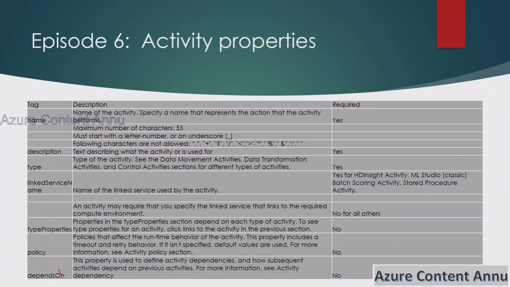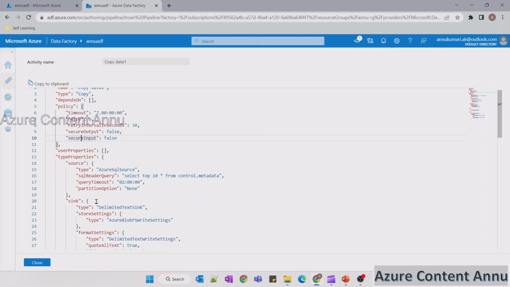Now this depends on property. It defines the activity dependencies, which means how the next activity is connected to the previous activity. Is it connected with success path or failure path? These things are defined under depends on property.